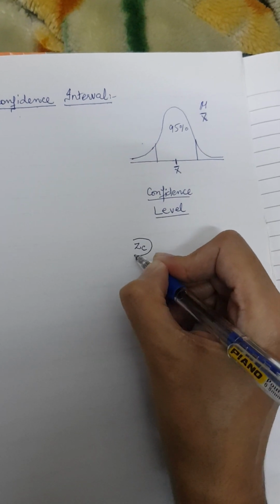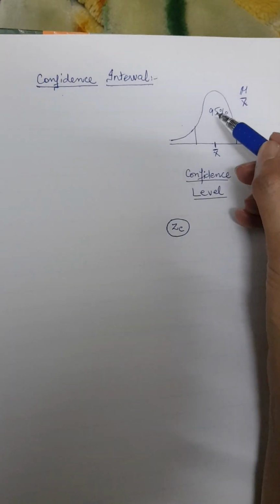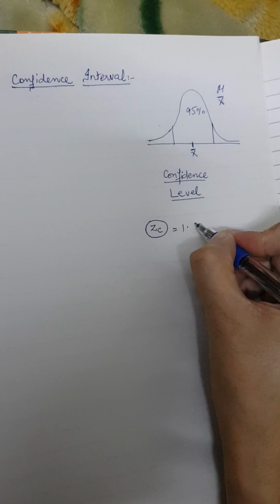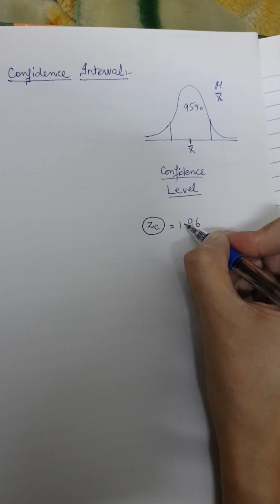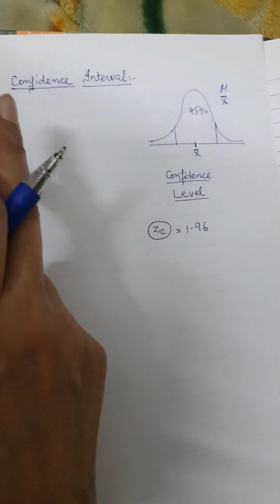And the values of z-scores are predetermined, and we can take them from standardized tables. And at the 95% confidence level, the z-score is always 1.96. So, now what is the formula for the confidence interval?